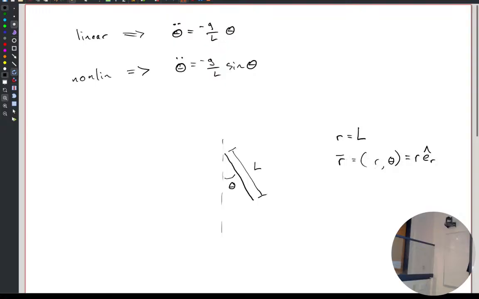Acceleration is 0 there, so we're looking at acceleration. Okay. Yeah, sine would be positive to negative, similar to theta. Theta is positive to negative.